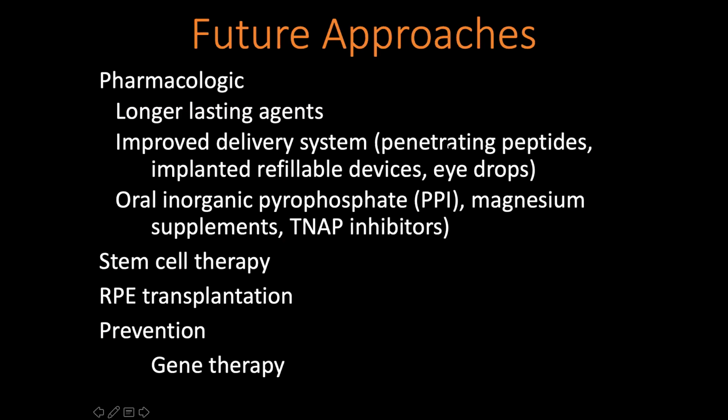Penetrating peptides may help eye drops penetrate and get to the back of the eye and help us to avoid injections, which are, of course, dreaded by patients, and there is a small risk with each injection of infection or retinal hole and detachment, and so we would like to avoid injections, which brings us to another future advance, where we can implant a plastic device in the eye, and that can be refilled instead of an injection in the eye. We could refill the device every 6 months.